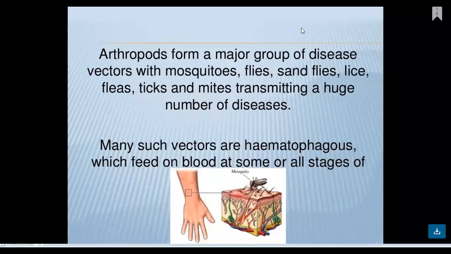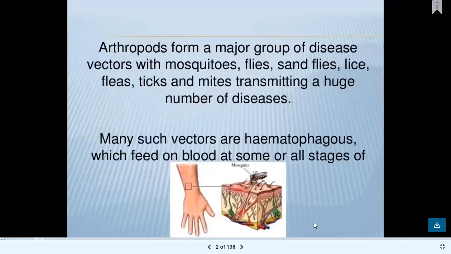Arthropods form a major group of disease vectors, with mosquitoes, flies, sandflies, lice, fleas, ticks, and mites transmitting a huge number of diseases. Many such vectors are hematophagous, which feeds on blood at some or all stages of life.